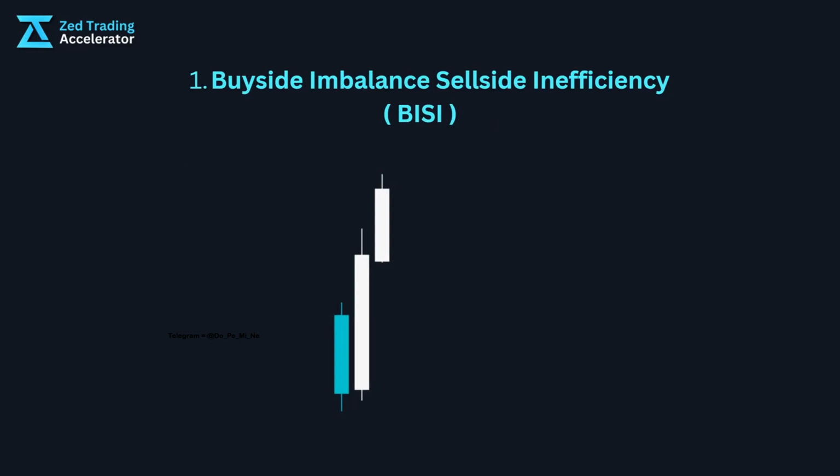Alright, so we have buy side imbalance, sell side inefficiency. As we can see right here, we have our fair value gap. In our setup, I am not going to refer to this fair value gap as BISI. I'm just going to address fair value gaps as fair value gaps, whether it is a bearish fair value gap or a bullish fair value gap.